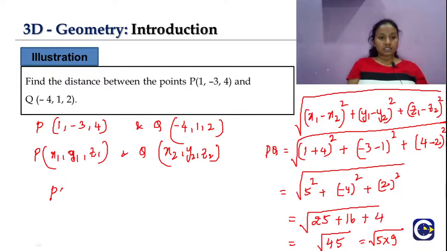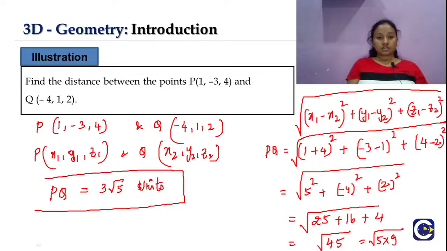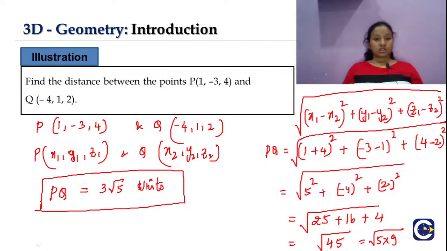That means the distance between these 2 points PQ is 3 root 5 units. So please check it, guys. There might be a calculation error. And if anyone got the same answer, you can let me know. Okay, fine, no issues. You can check it later.